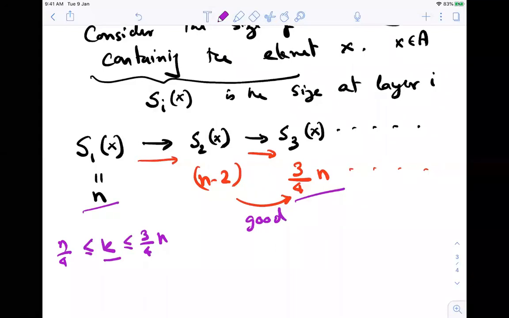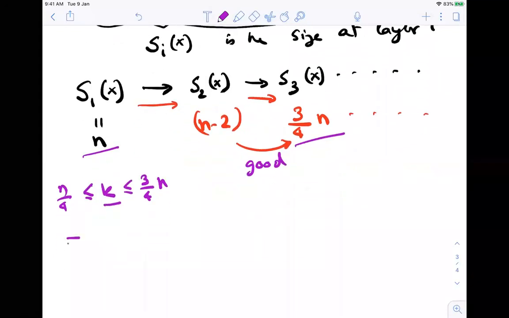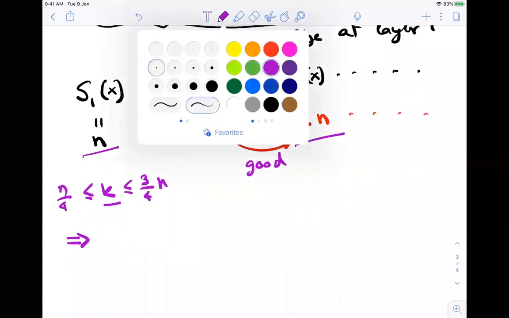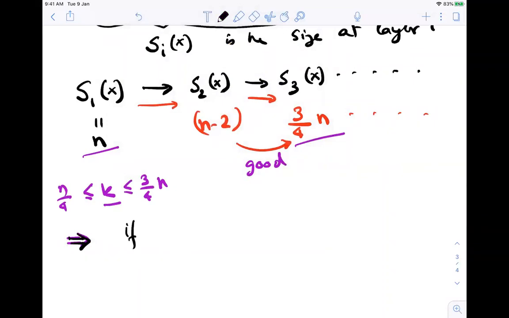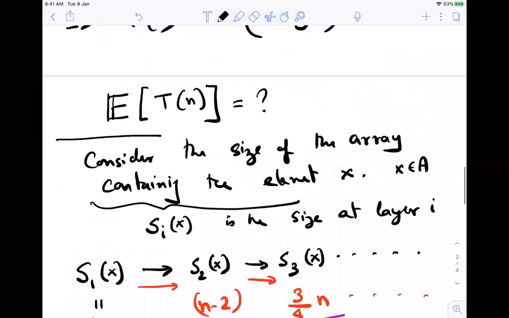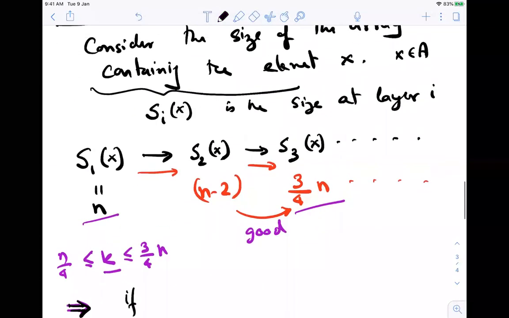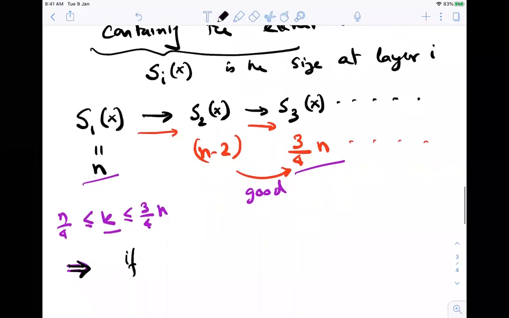So what does it mean? By the same analysis, how many times can you go down? At most log n.